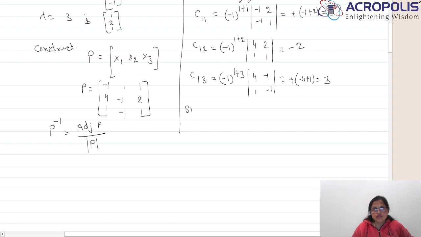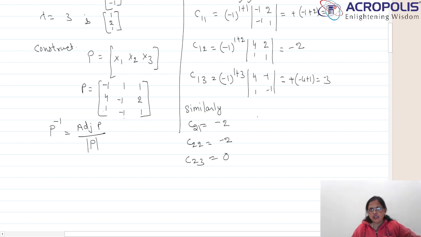Now similarly, if we follow this method, we get cofactor C21, that is second row first column. If we solve by eliminating the second row and first column, you get minus of 2. Now for the second row second column, you find minus 2, and for the second row third column, you get 0.